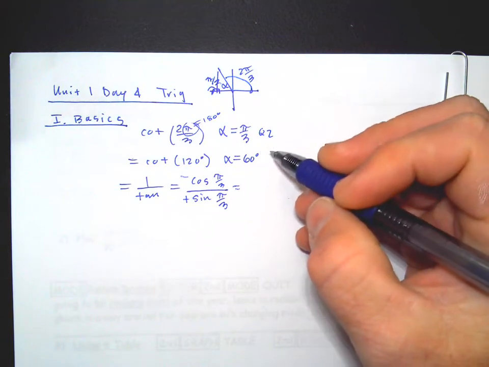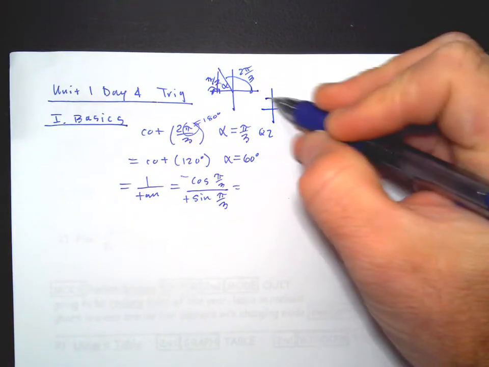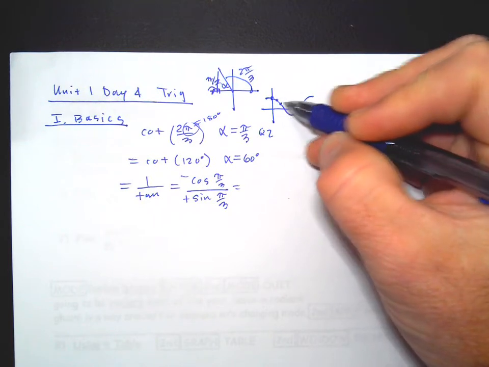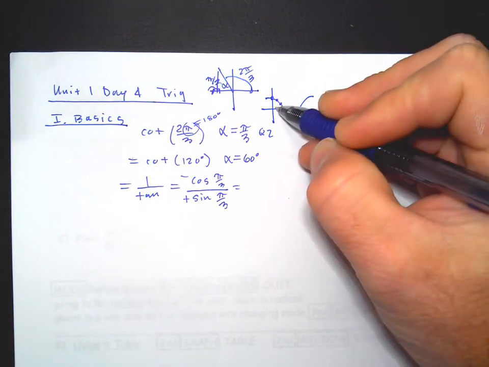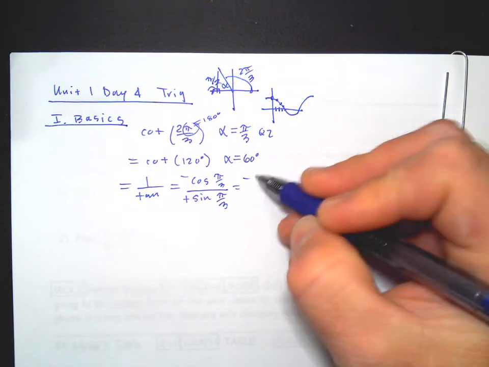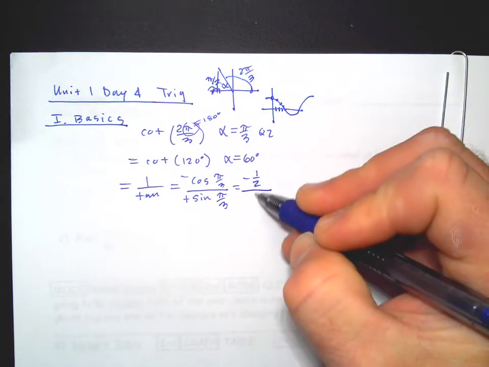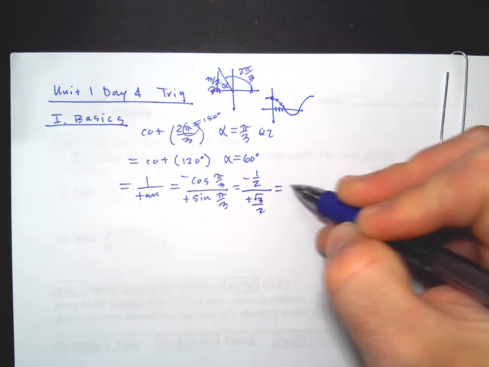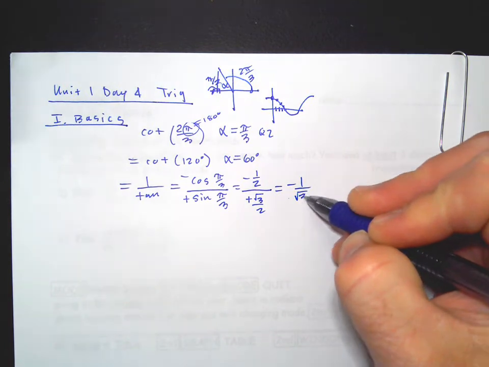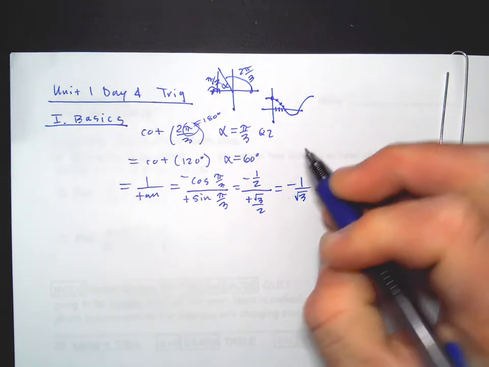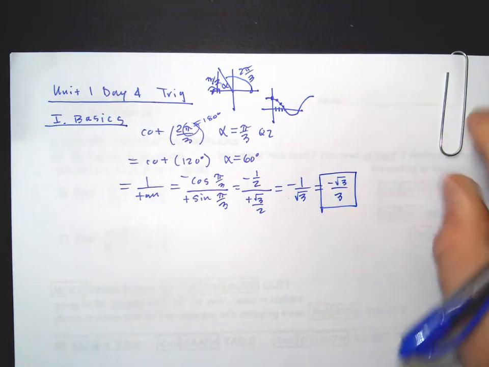So cosine values, cosine's like this, right? 1, root 3 over 2, root 2 over 2, 1/2. So pi over 6, pi over 4, pi over 3. That's that further one. So that's going to be negative 1/2. And sine is going to be positive root 3 over 2. So that's going to be negative 1 over root 3, which is negative root 3 over 3. The final answer.